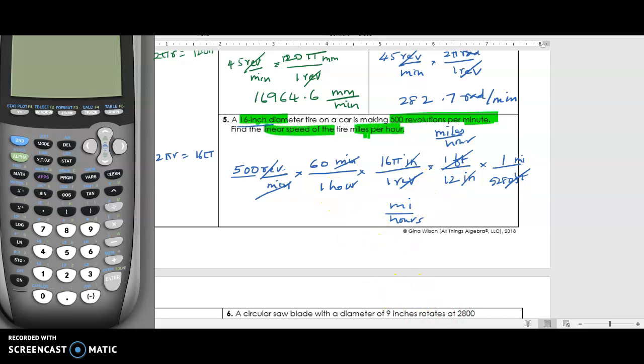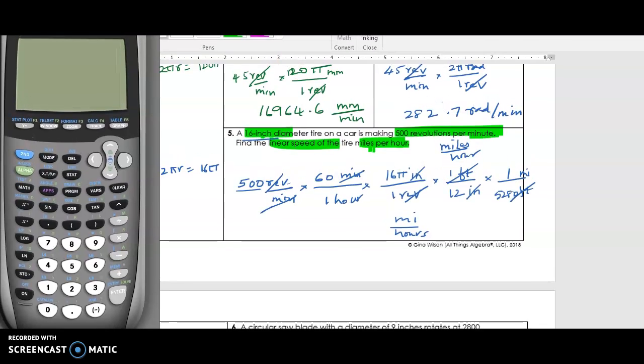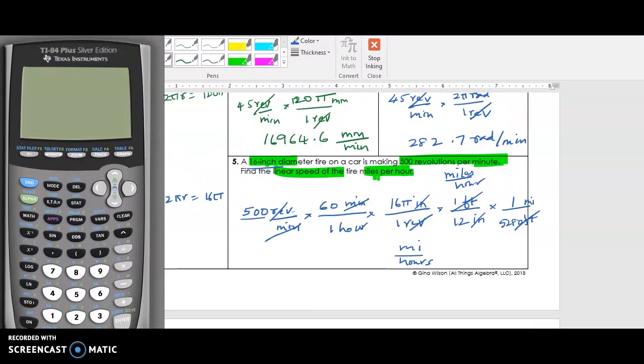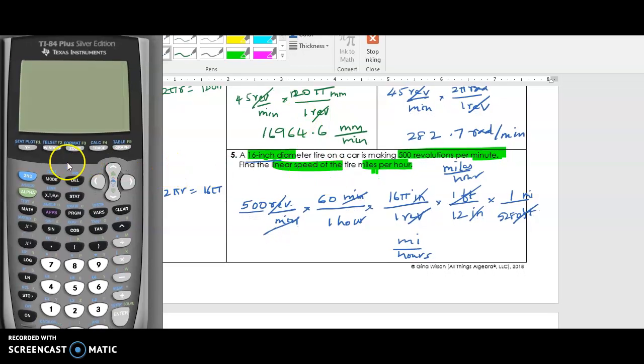So you have to be careful when you're using the calculator. So I'm going to change the window size so that you can see the calculator. Okay, switch it on. 500 times 60 times 16 times pi. Pi is here.